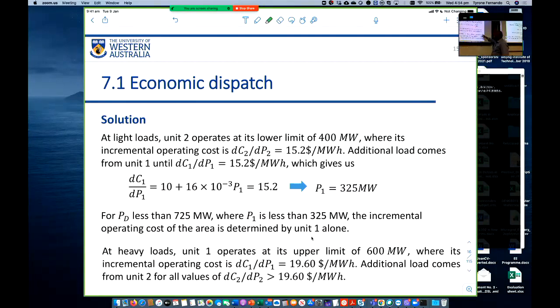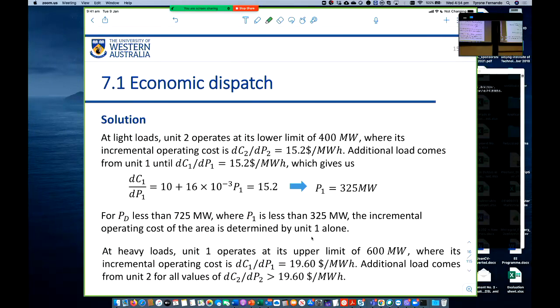So for PD less than 725 megawatts, we keep using P1 because it's cheaper to use, and the incremental cost is only determined by P1, because P2 is just sitting at 400. Operating cost is determined by P1 alone, because we can't go lower than 400 for generator 2.